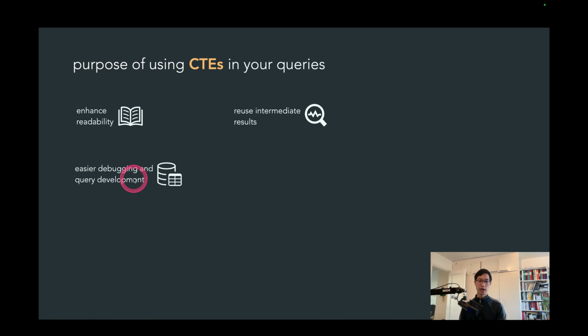It's easier to debug and develop more advanced queries. And you can separate complex logic into smaller steps, where each step is responsible for one thing only. So you could use the single responsibility principle.